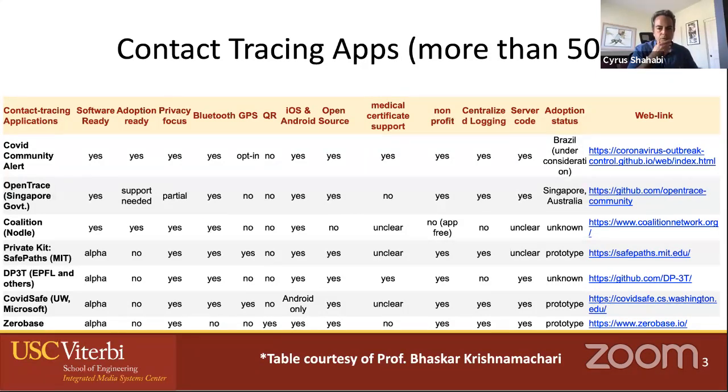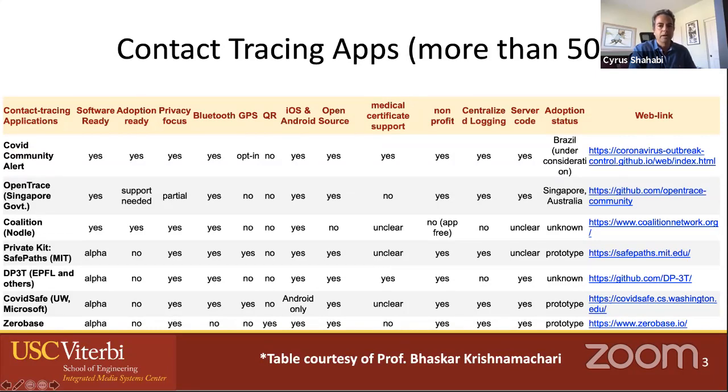Thanks to Bhaskar's group, and I'm sure this is being updated, we look at various apps that are already out there for contact tracing, and there are a lot of them, currently I think in the order of hundreds. Many of them are being used at some level, and many of them are at the app development or even pre-development stages. So there is a lot of interest in this area, as I explained in the previous slide, because of the need for it.